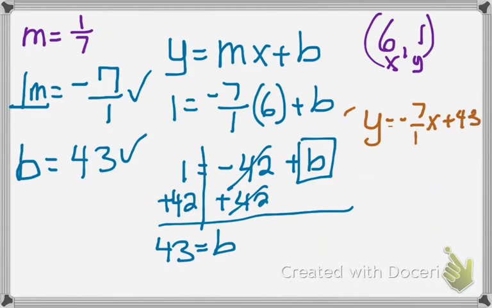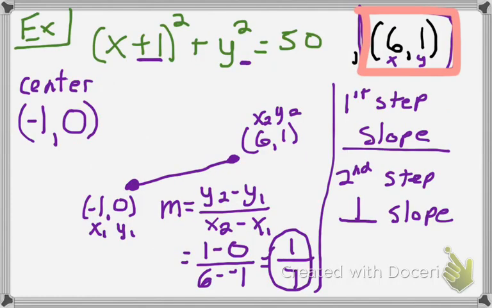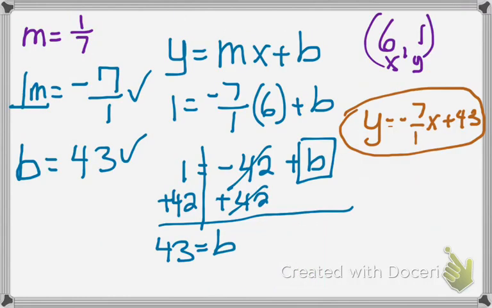So guys, you're really using what we've done before. Identify the center, and then find the slope between your center and your point. That's the first step. Second step is we need to take this slope and find the perpendicular slope, which we did, which we have right here.